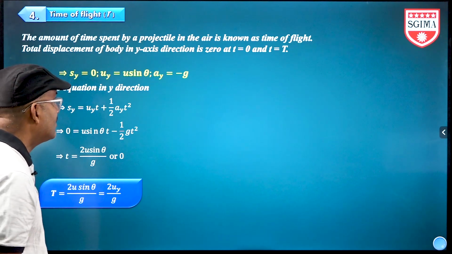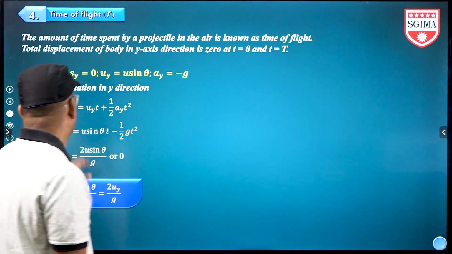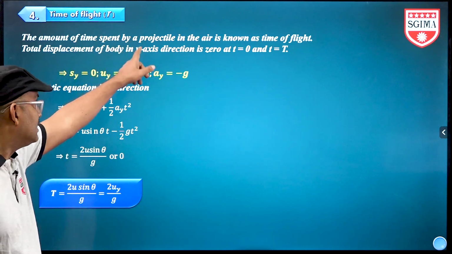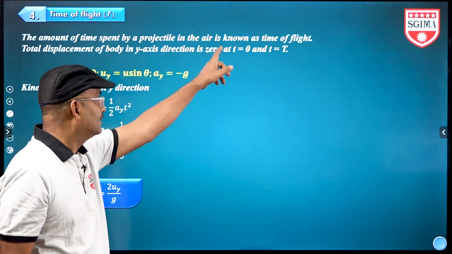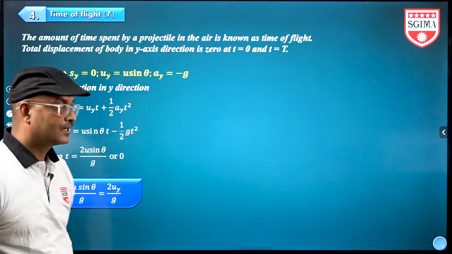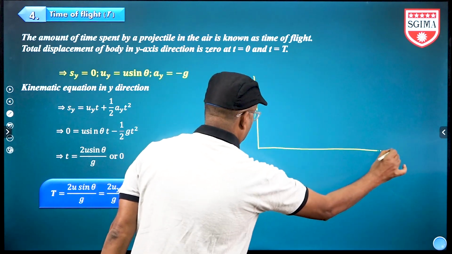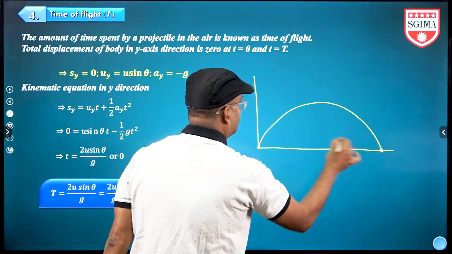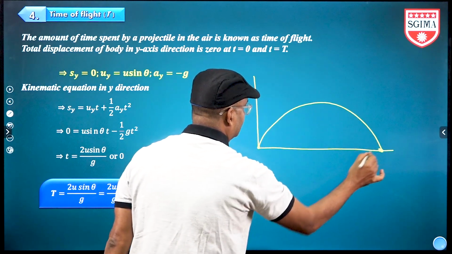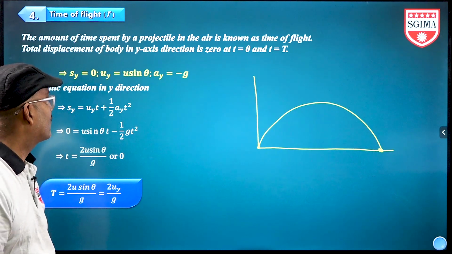Now, time of flight. What is the time of flight? The amount of time spent by a projectile in air is known as time of flight. Body is projected, it started here, it comes here, how much time it takes to come to this point is called time of flight.